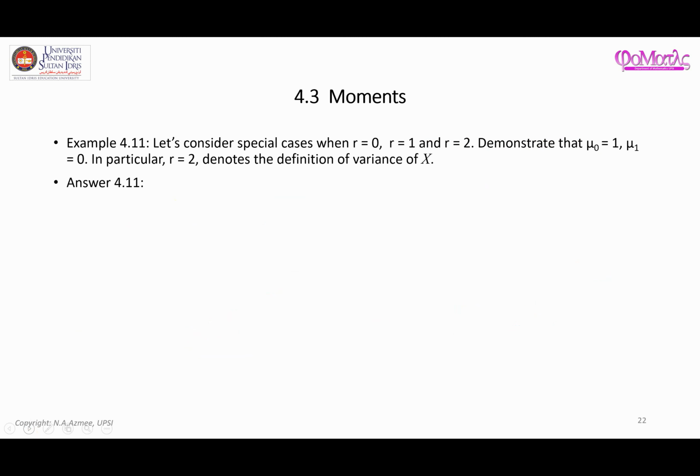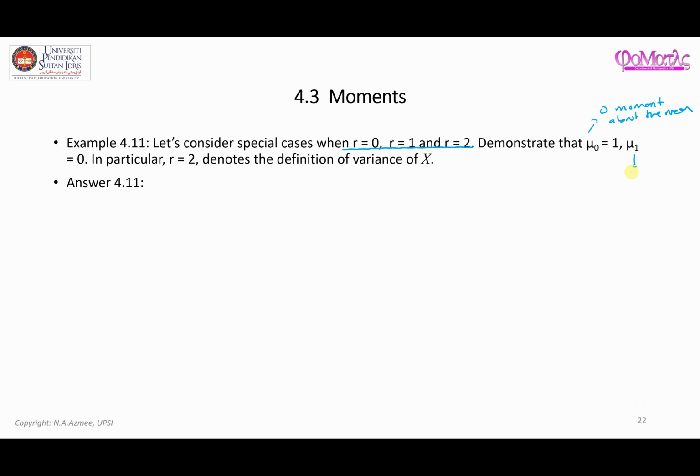Now let's consider some special cases: when r is 0, when r is 1, and when r is 2. We're going to demonstrate that this is the zeroth moment about the mean, and the result is equal to 1.